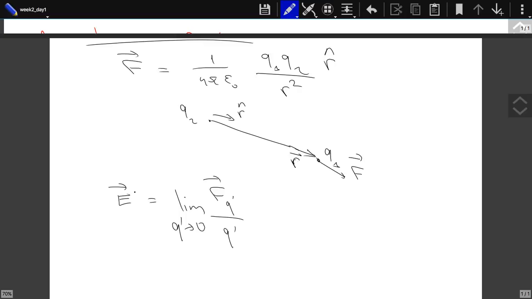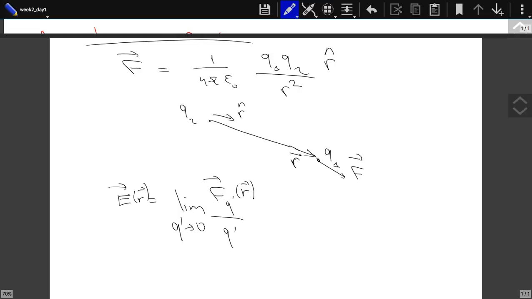So this is the electric field at a point, let's say R. This is the force that the charge Q prime feels when you put it at the position R. Again, I repeat, this R over here is the position of the object relative to some coordinate system that you have chosen, whereas this r over here is nothing but the relative position of the charges. Don't confuse the two.